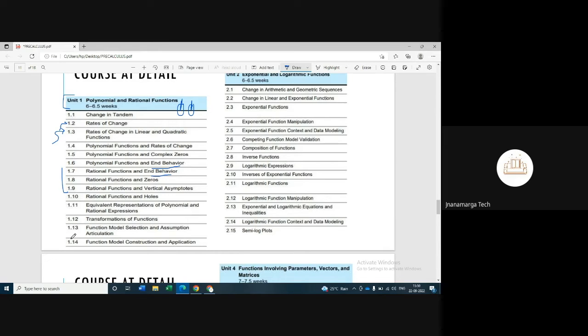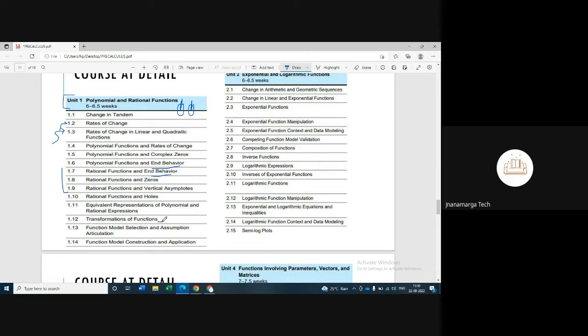With that, we have transformation of functions, as we have been talking about. So transformation of functions is to construct a function that is an additive and multiplicative transformation of another function.